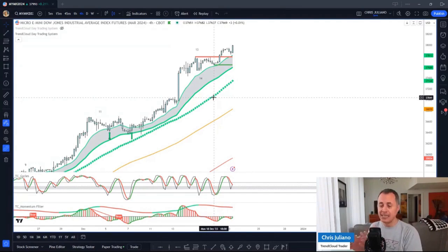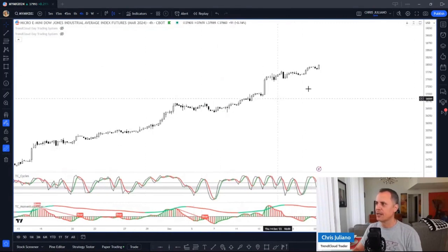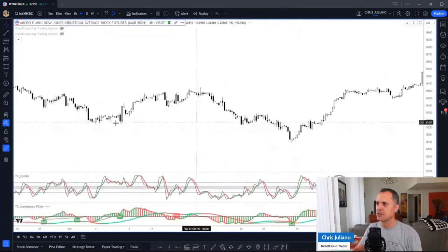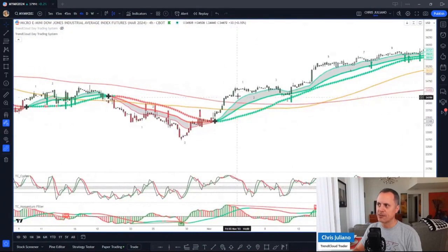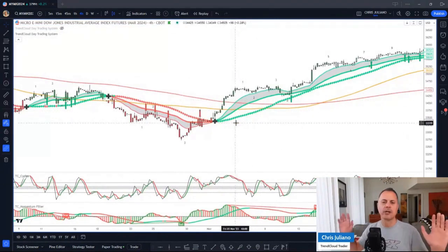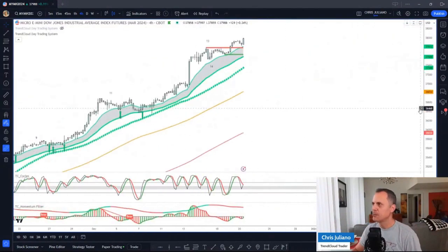I need to do that because if not, and I'm just looking at this, sometimes it gets a little confusing. But if you put your Trend Cloud on here, everything is put on there for you. Candles are green, Trend Cloud is green. Hey, we're in an uptrend. Make it objective.